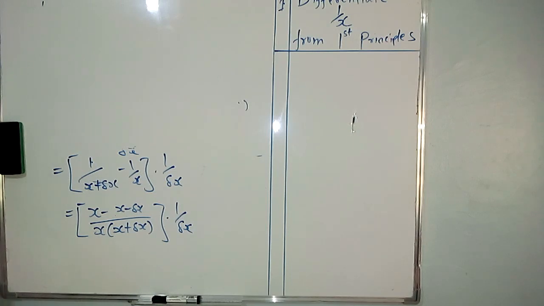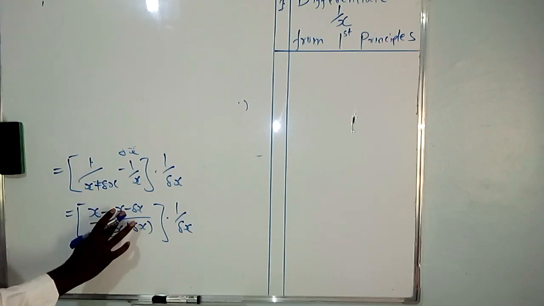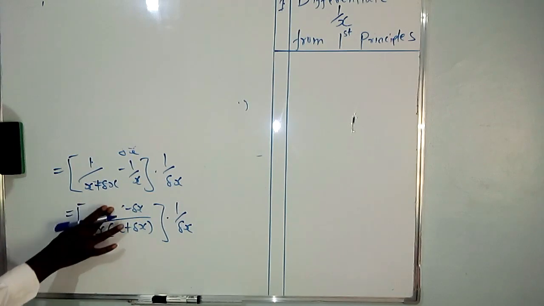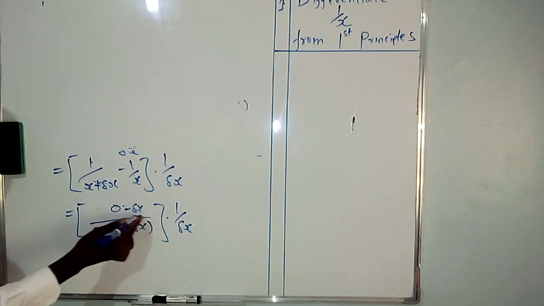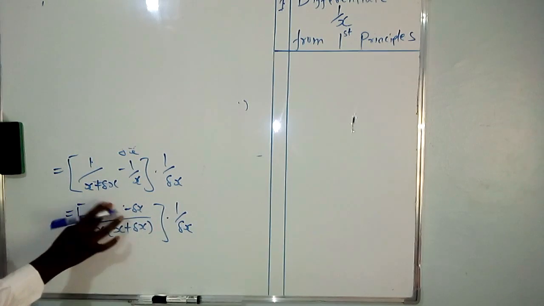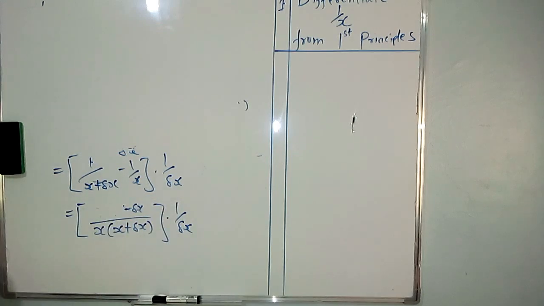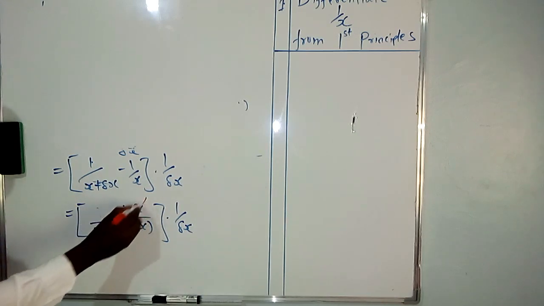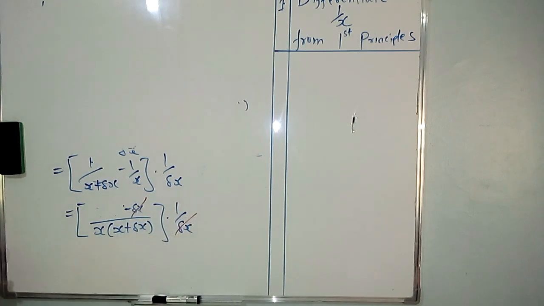So from here, x minus x, you get 0. So what do you remember in the numerator? Negative change in x over x into x plus change in x, then it is times 1 over change in x. Then see, change in x cancels with change in x. So what do you remember?